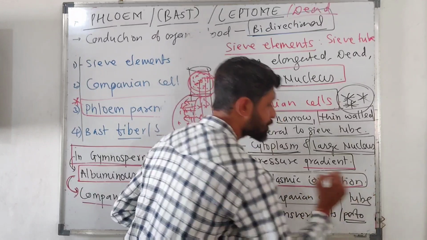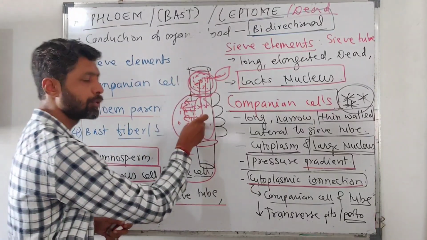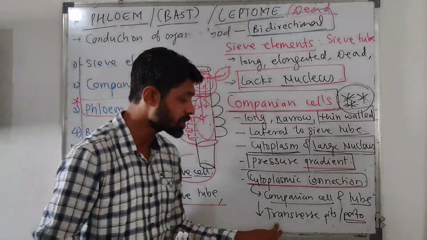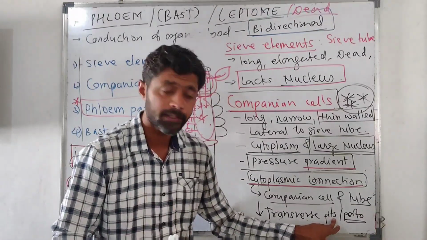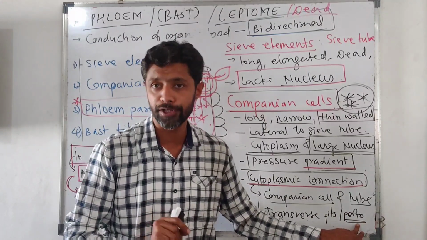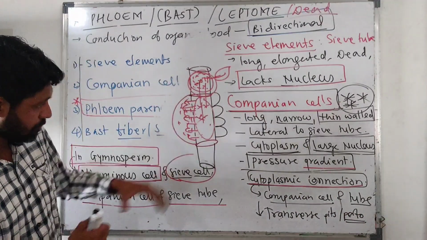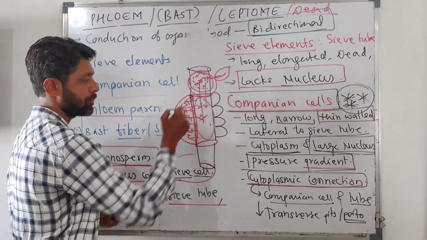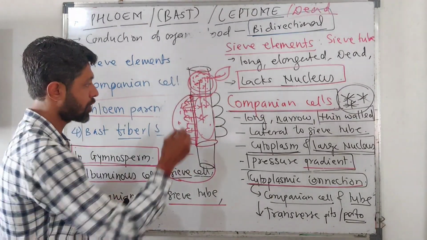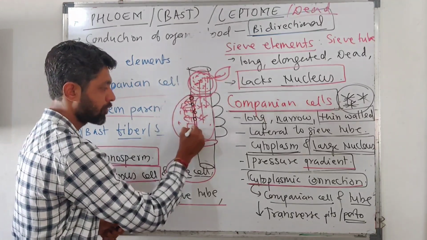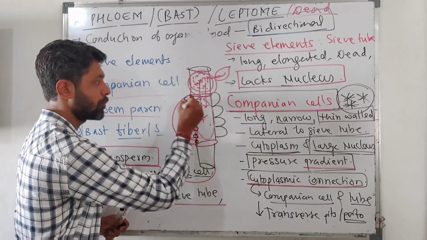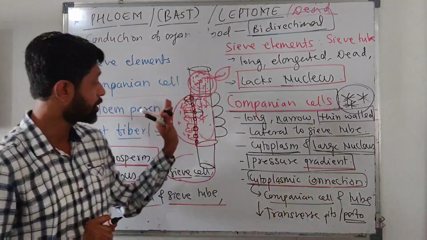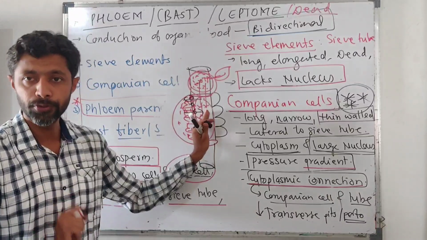So there is a cytoplasmic connection between companion cell and sieve tube. Why is there a cytoplasmic connection between companion cell and a sieve tube? Because there will be transverse pits, or a perforation, on this transverse wall of your sieve tube. This pit is going to maintain the cytoplasmic connection between companion cell and sieve tube.